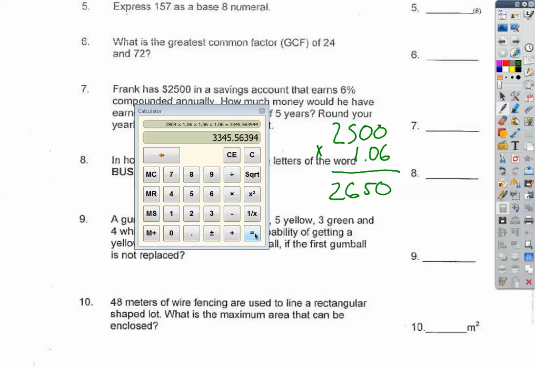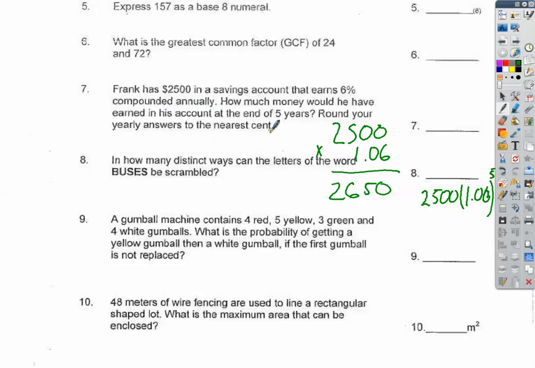It's a long question. Do this one last. If you have a calculator, then the easiest way to do it is just to say your y-intercept is 2,500, your growth rate is this 1.06, and this is to the 5th power. That's the quickest way of doing it with a calculator.